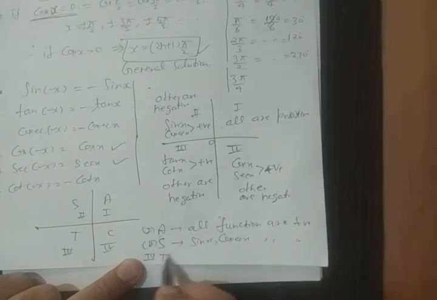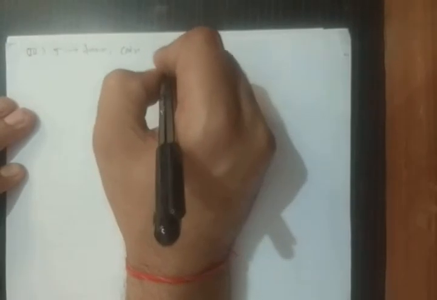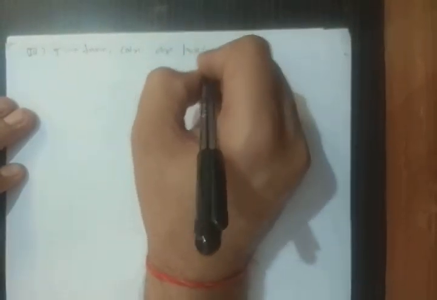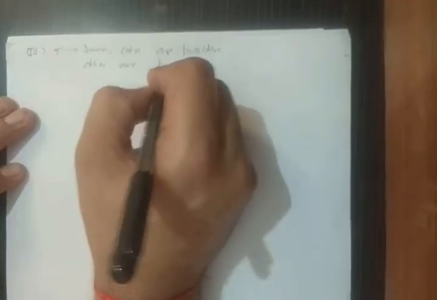In third quadrant, T means tan x and cot x are positive, others are negative.